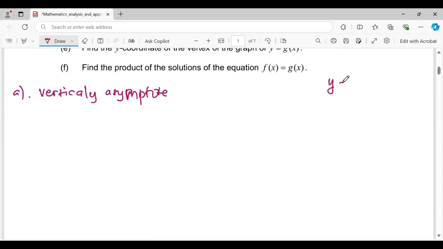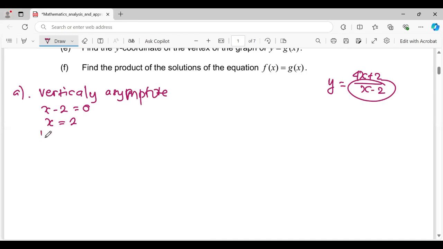The function is y equals (4x plus 2) over (x minus 2). This is the denominator, so the denominator should equal 0. x minus 2 equals 0, so x equals 2. So x equals 2 is the equation for the vertical asymptote.